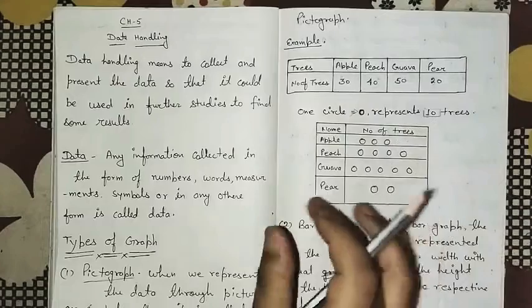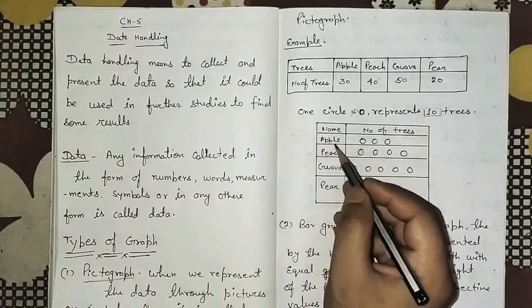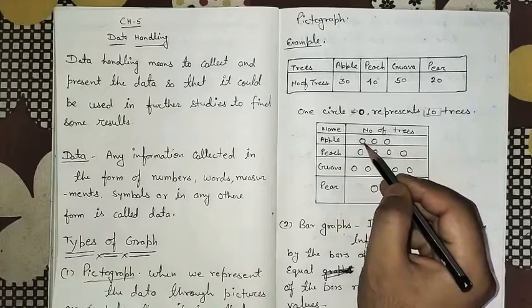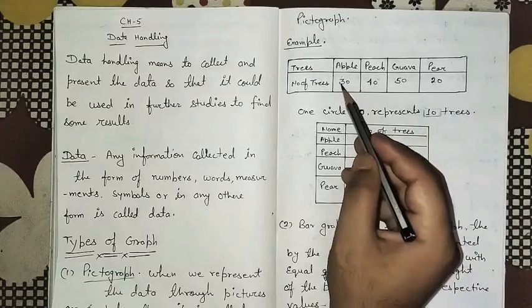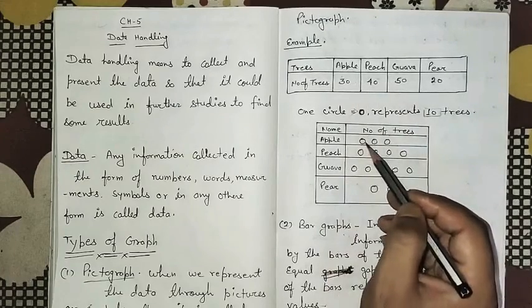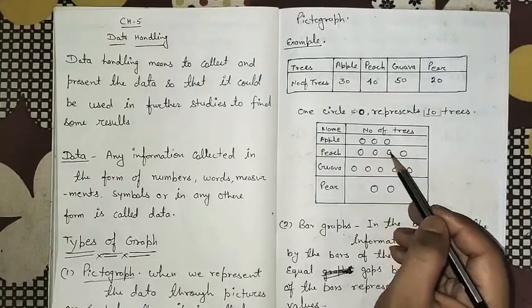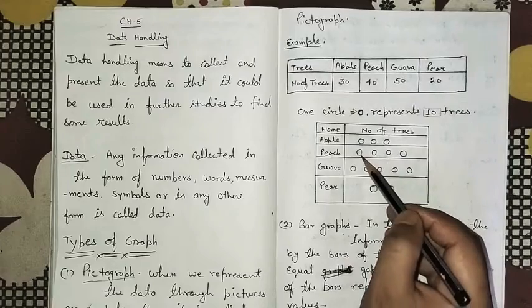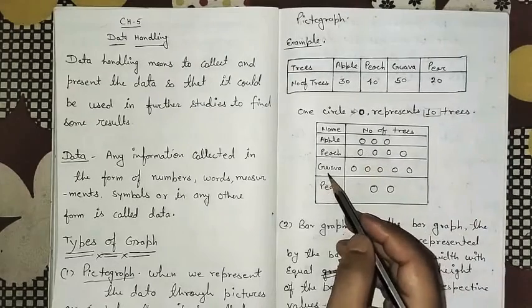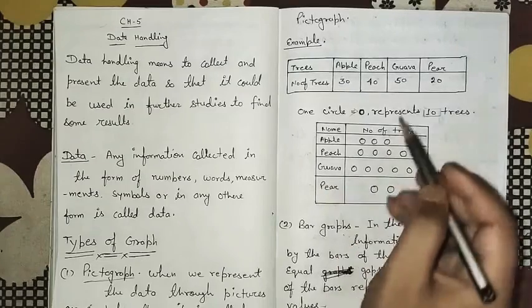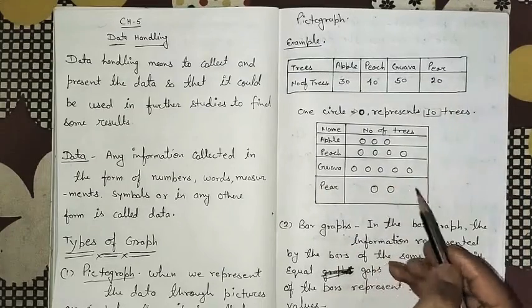So I can make a table with name and number of trees. For apple I have drawn 3 circles, because 10 trees are 30. Peach is 40, so 4 circles, because one circle represents 10 trees. Guava 50, so 5 circles. Pears 20, so I have to draw 2 circles.